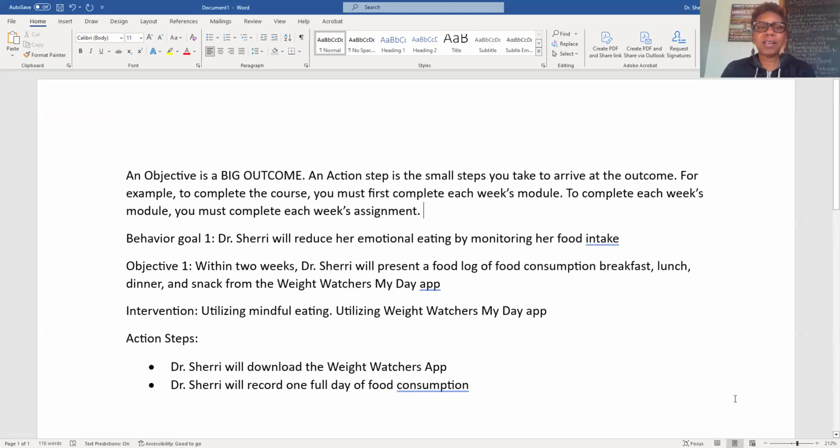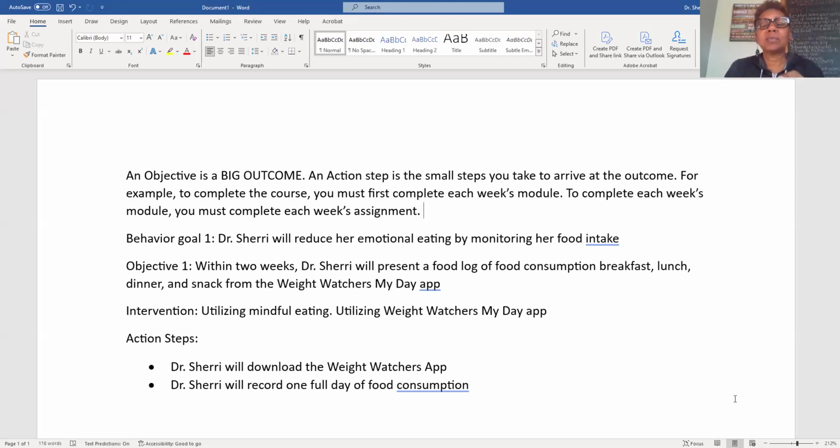So I'm sharing here transparently my own walk with my recovery from emotional eating. The first thing is to understand that an objective is the big outcome. It's what you see happening at the end of your time together in treatment or during a portion of treatment. But action steps are the small steps that you take to arrive at the outcome.